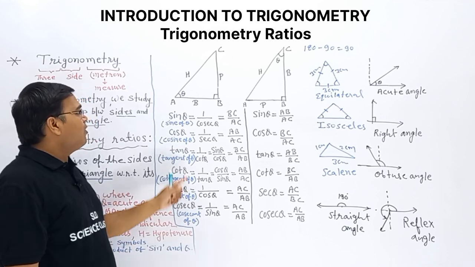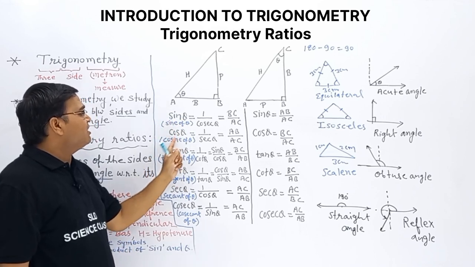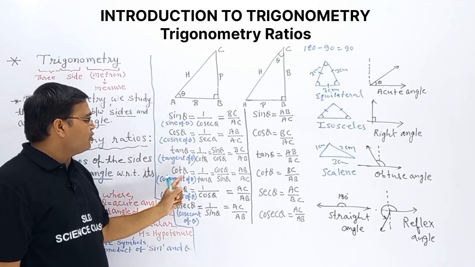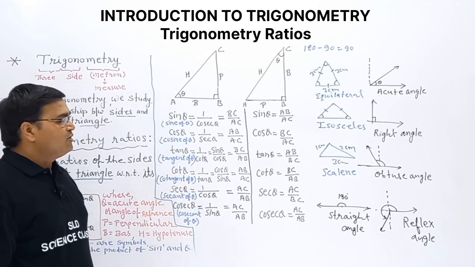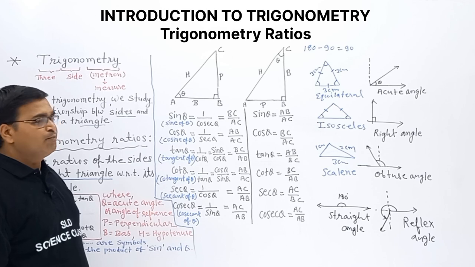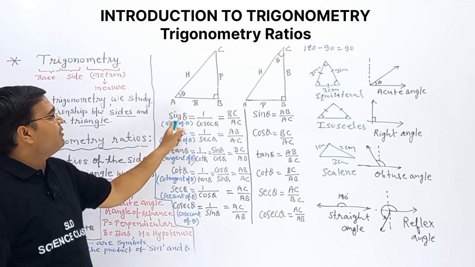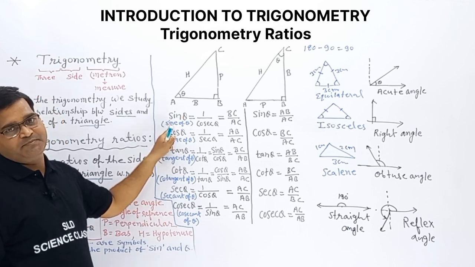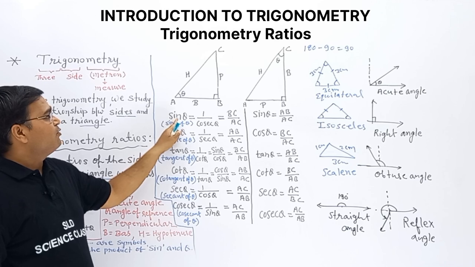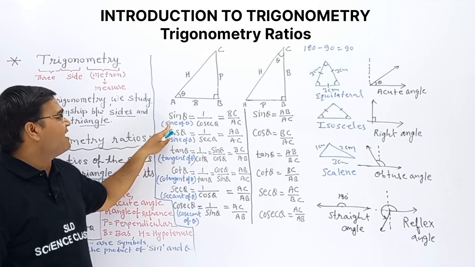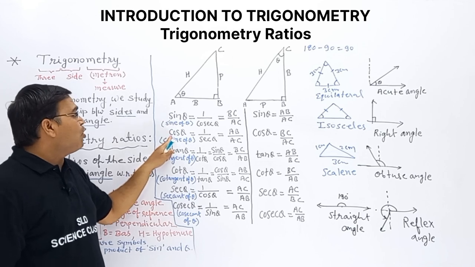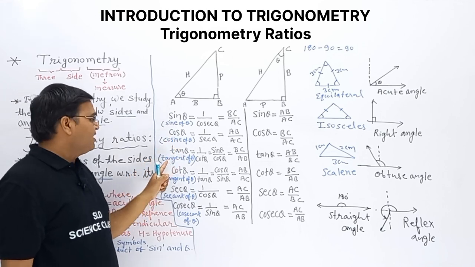We have 6 trigonometric ratios, and they are: sin theta, cos theta, tan theta, cot theta, sec theta, and cosec theta. Sin is an abbreviation that comes from sine. Cos comes from cosine.